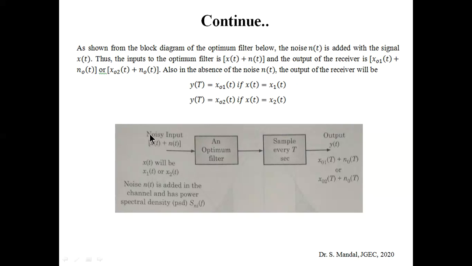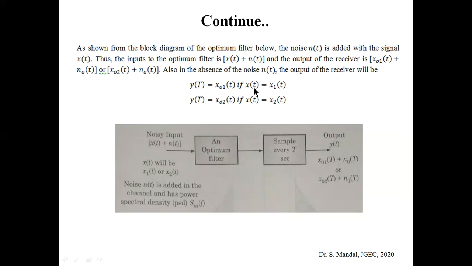This figure shows an optimum filter circuit. Here you can see that the received signal x(t) is added with the noise. So the noisy input to the optimum filter is x(t) plus n(t). Now the output of this optimum filter will be either xo1(t) plus no(t) or xo2(t) plus no(t).